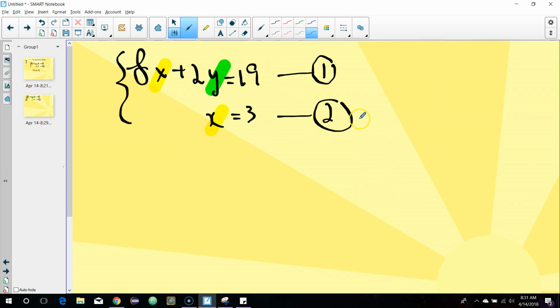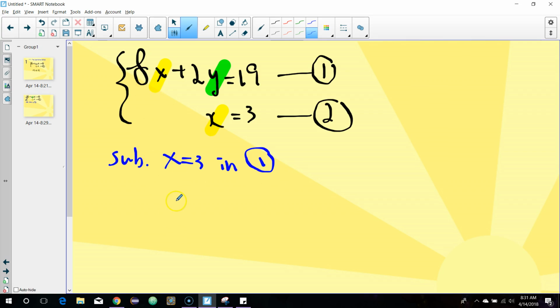Because I know that the second equation actually said x is equal to 3, I'm going to substitute x is equal to 3 into the first equation. I'll write this out: I'll sub x is equal to 3 in equation 1. You may not have to write all of this out in the long run, but in the beginning it's always nice, so you know what you're trying to do.